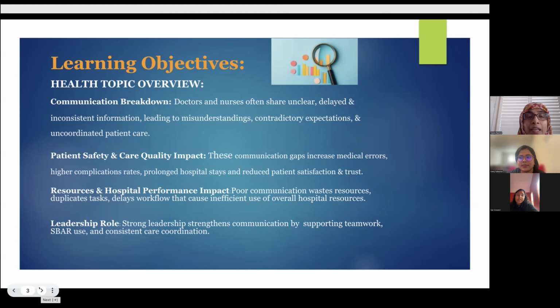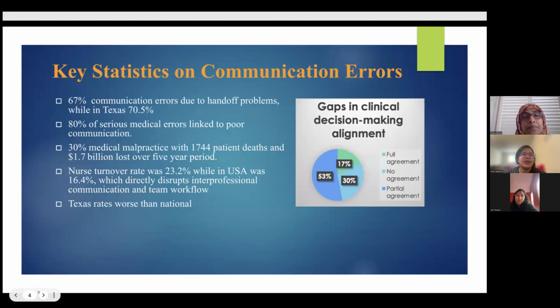And then finally, the leadership role. If there's strong leadership, then it will strengthen communication by supporting teamwork, SBAR use, and consistent care coordination. So this is all about the overview. Next, moving to the next slide. Thank you, Nazia.